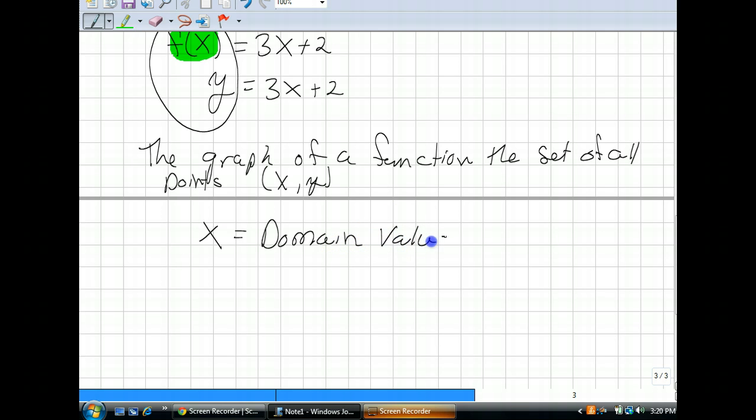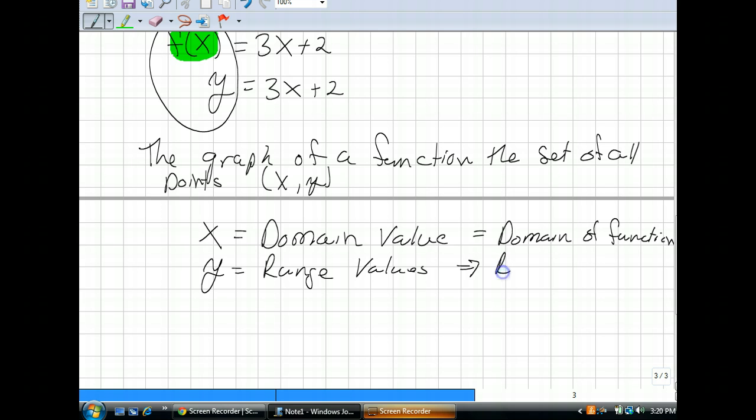In other words, the numbers you're allowed to use for x. So the domain of the function. And y represents the range values. And so the whole set represents the range of the function.